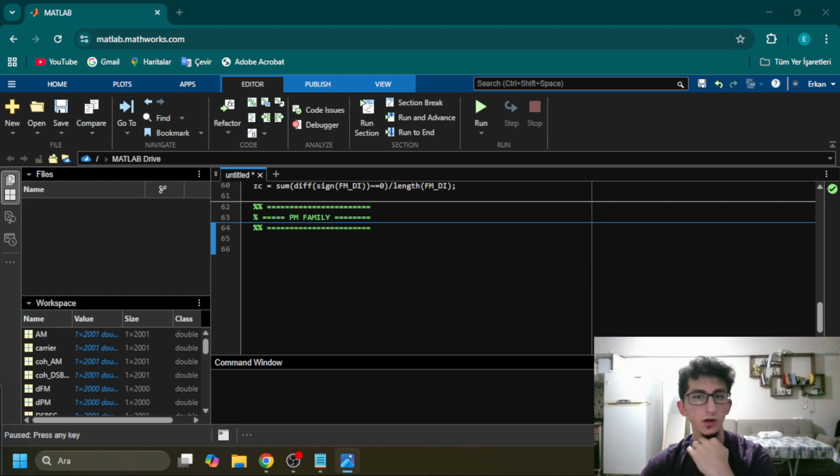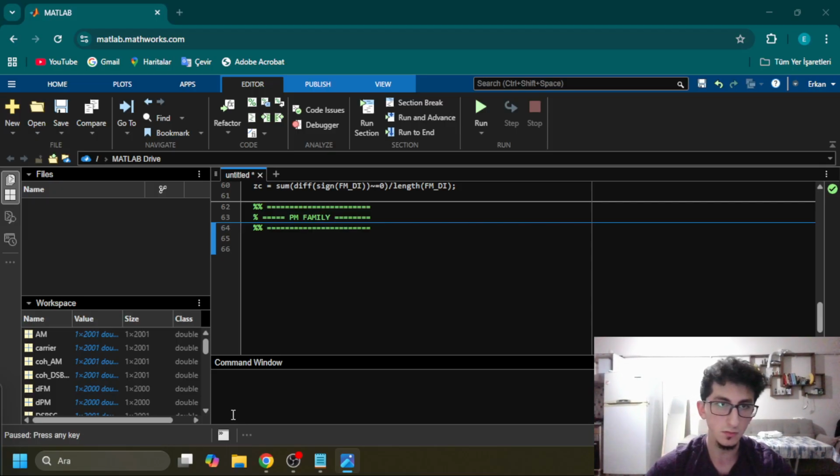So we are gonna start with the definition of KP, and it's gonna be equal to 2, and then I'm gonna continue with the NBPM, which is called narrowband phase modulation. The narrowband PM is generated using again the s(t) formula. It's equal to cosine of 2 pi f carrier times t plus KP times message signal.